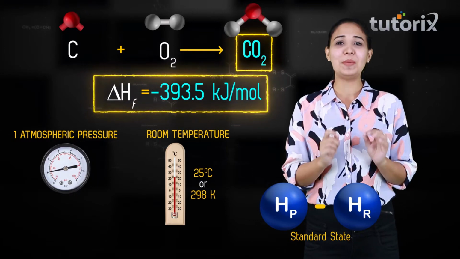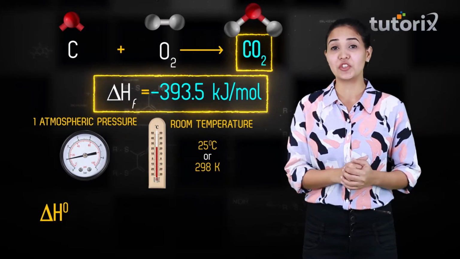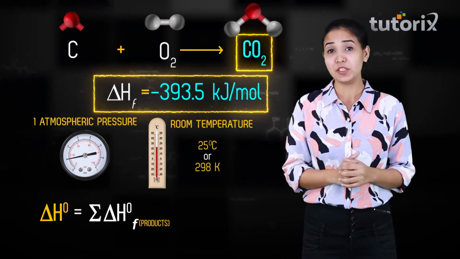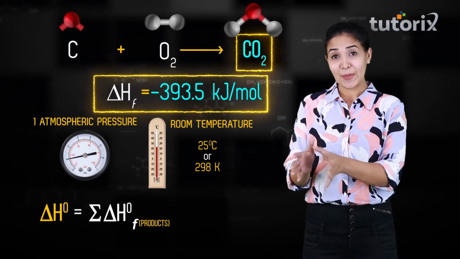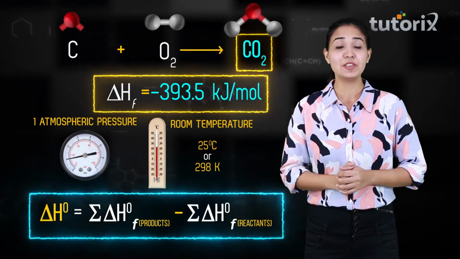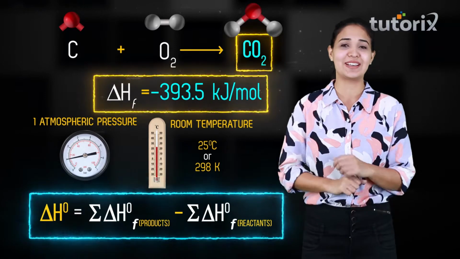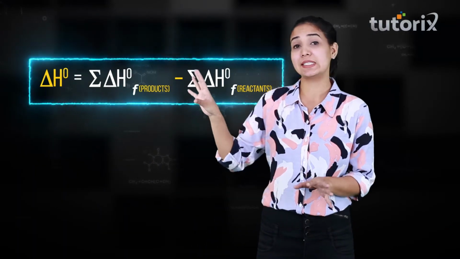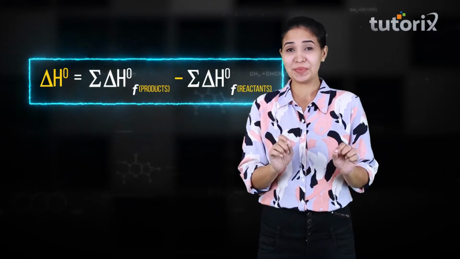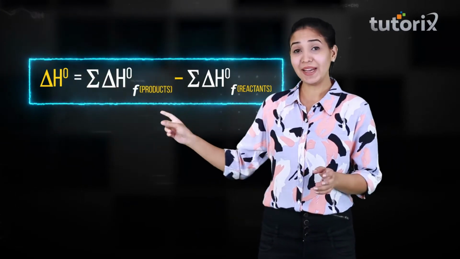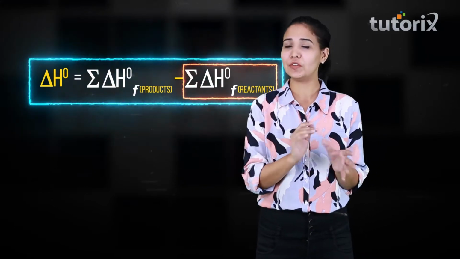That is, the heat of formation is equal to the summation of the standard enthalpies of formation of the products minus the standard enthalpies of formation of the reactants. All the products. So now we have established the formula. We have written it as delta H naught F, that is simply the summation of delta H naught F of the products minus the summation of delta H naught F of the reactants.